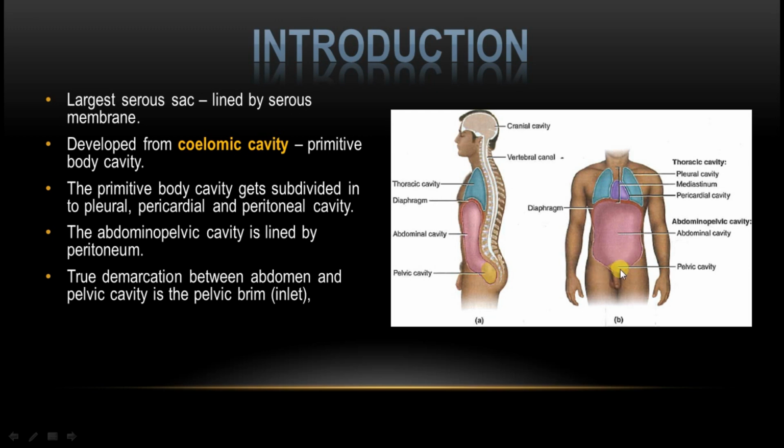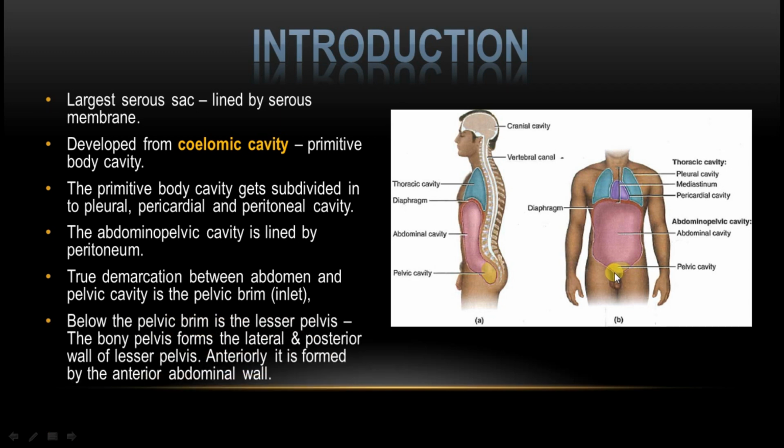Inside this pelvic cavity, called the true pelvis, all the organs are present, mainly your internal organs of reproduction, and the lower part of your GIT and your excretory system. Now above that, which is bounded on either side by the ilium and the iliac fossa, is called the greater pelvis or the false pelvis.